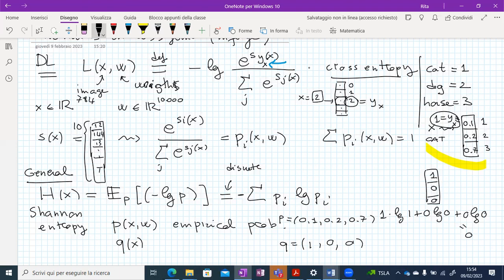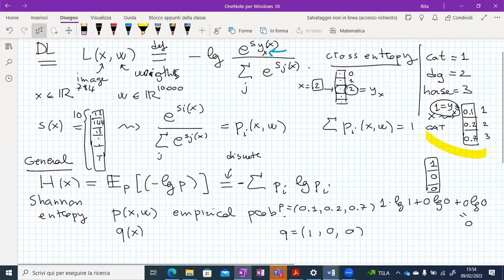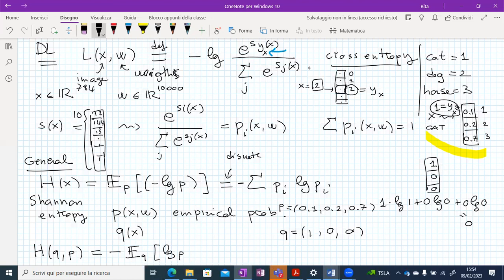We care about what is called the cross entropy, that measures the difference between the true probability Q and the probability P. It is minus the expected value according to the probability Q, which is the true probability, of the logarithm of P. If we write it, we find minus a summation of Qi times the logarithm of Pi of X, W.